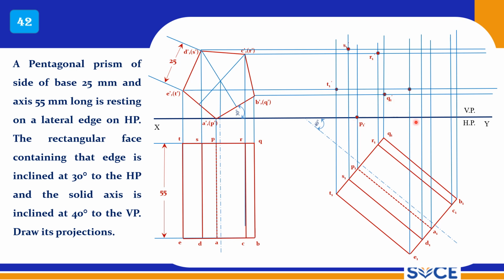Q is connected to P, that should be a dotted line, and Q is connected to B, that is a dotted line. R is connected to C, that is also a dotted line. And E is connected to D, that is a thick line, E is connected to A, thick line, right, and E is connected to T, that is a thick line. So this much are thick lines. So this is the final front view.